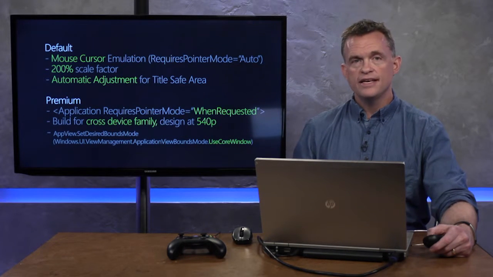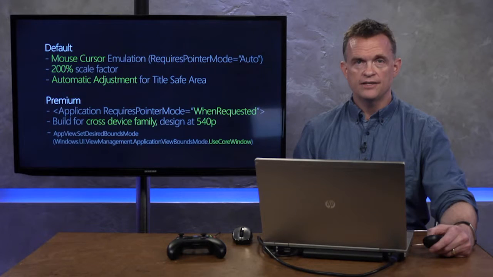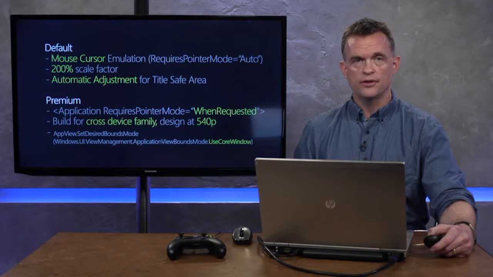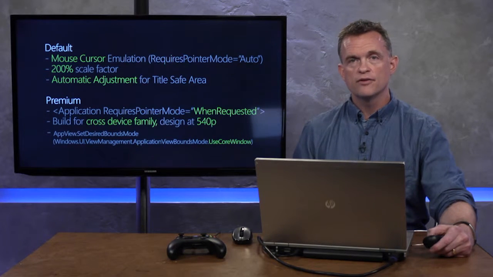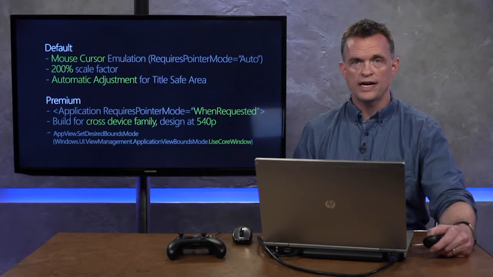One of the things to keep in mind is that if you design for accessibility on the desktop, where you can navigate your entire app with the keyboard using the arrow keys, either space or enter, and the back key to navigate throughout your app, that really primes your application to work great on Xbox One.